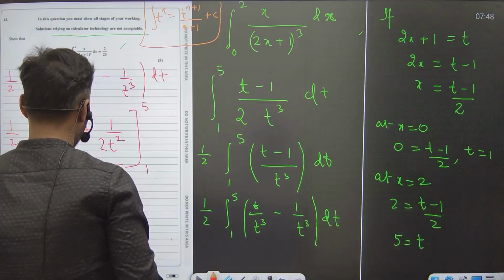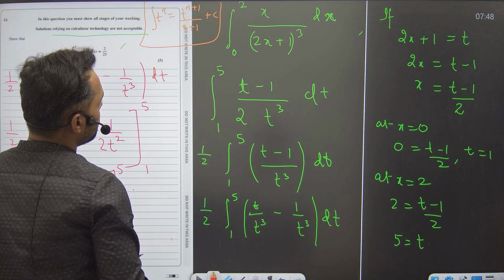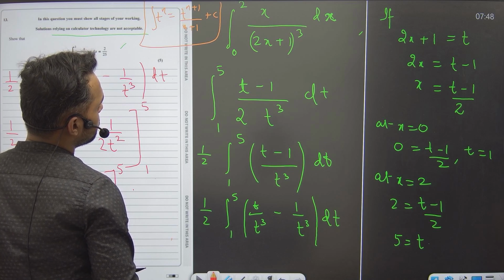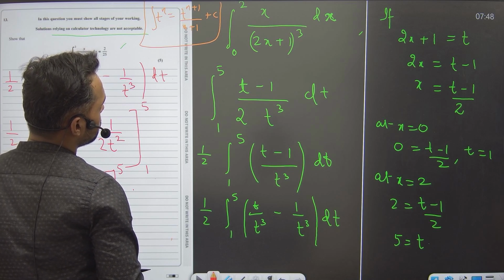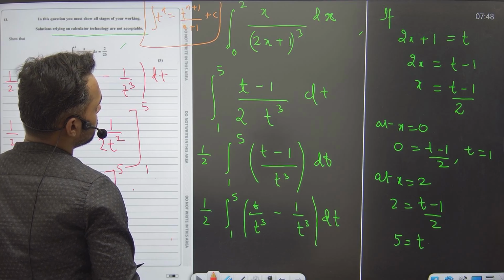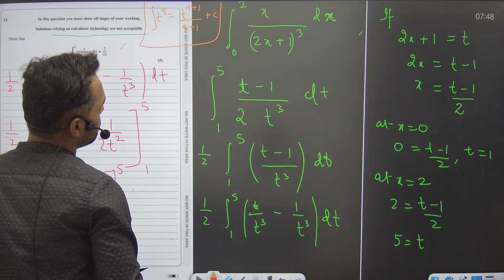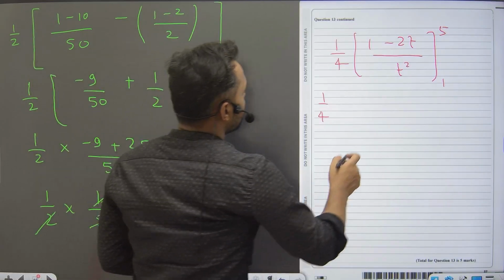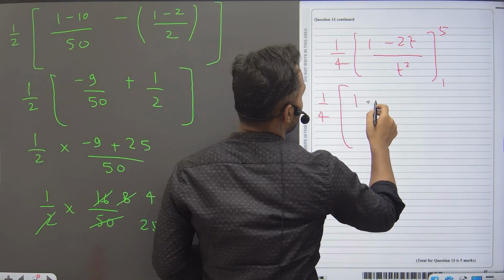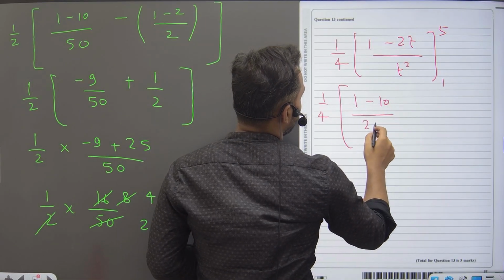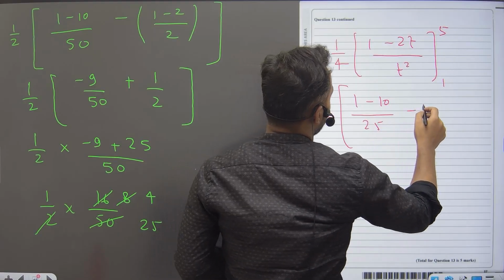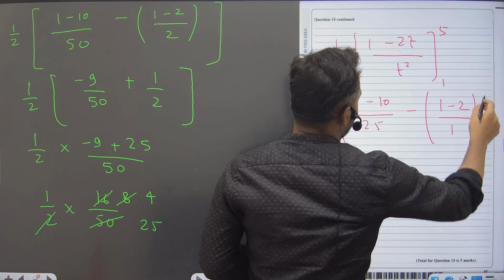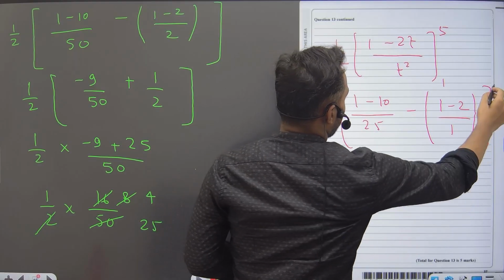Now let's do it. So we'll get 1 by 4. I think I have made some mistake here. t minus 1 to t square. Yes, it is correct. So we'll get negative of 10 upon 25, negative of 1 minus 2, limit 1 to 5.